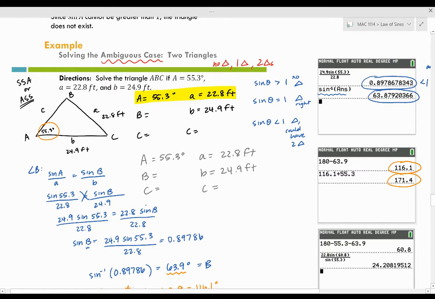The rest of the missing values I can mark with a subscript 2. These values are specific for triangle 2, whereas the values in my first chart are specific to triangle 1. Now I'm going to be solving these triangles separately.